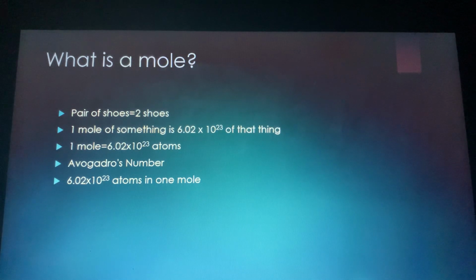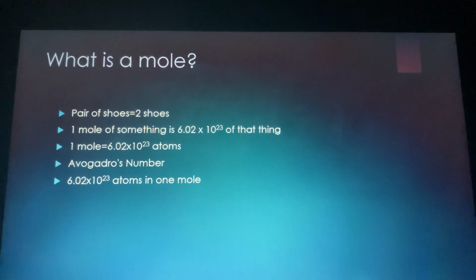Well, just how a pair of shoes is 2 shoes or 1 dozen eggs is 12 eggs, a mole of something is 6.022 times 10 to the 23rd of that thing. Now, you're saying, why such a large number, such a very specific number? Because atoms are so tiny, there are millions and millions and billions of atoms in something small like your phone.